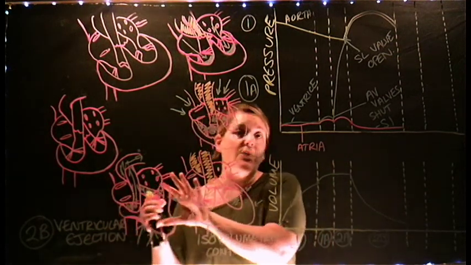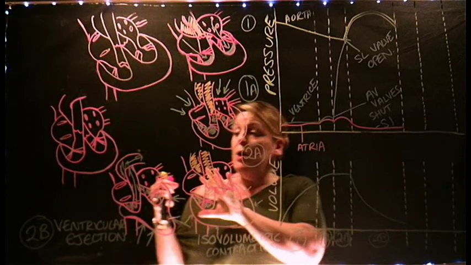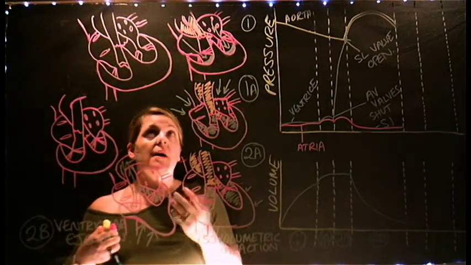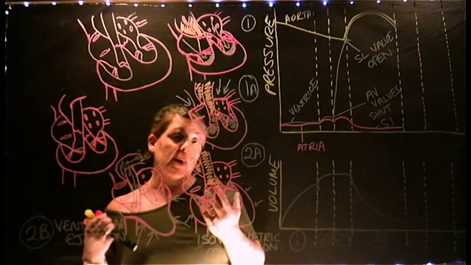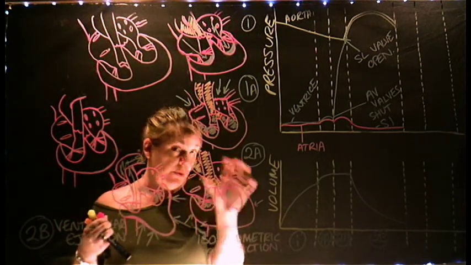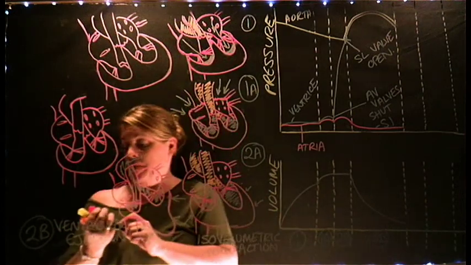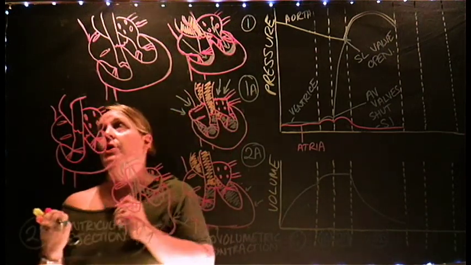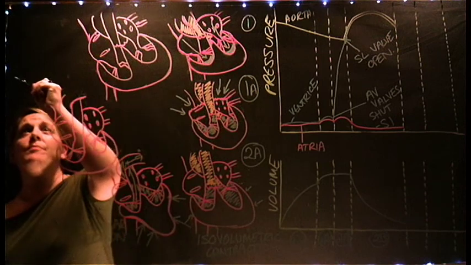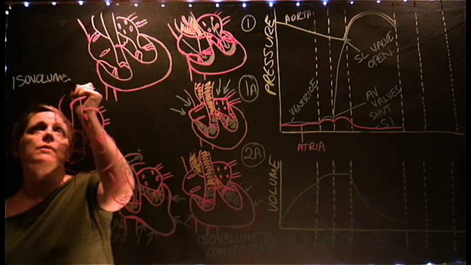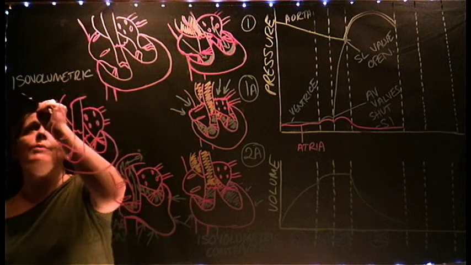Once we have had full contraction, we are then going to see the ventricles go into diastole. And we can break this down into two sections. The first section is called isovolumetric relaxation.